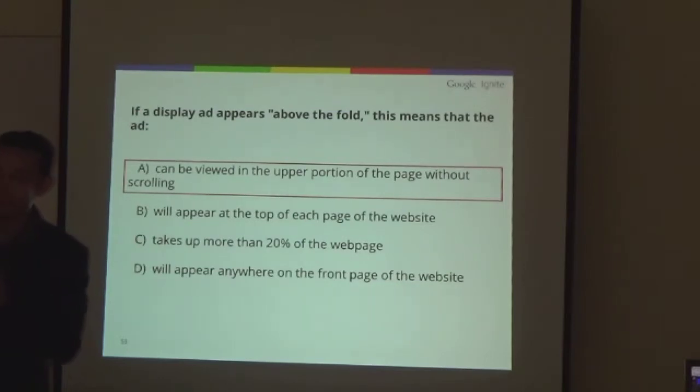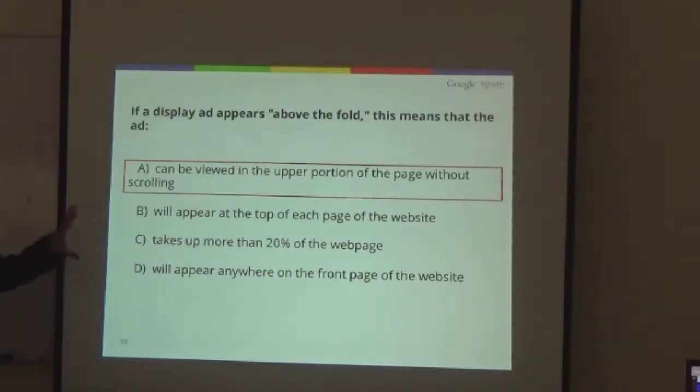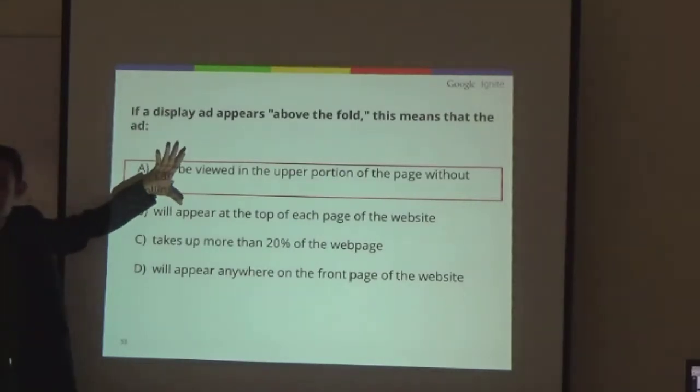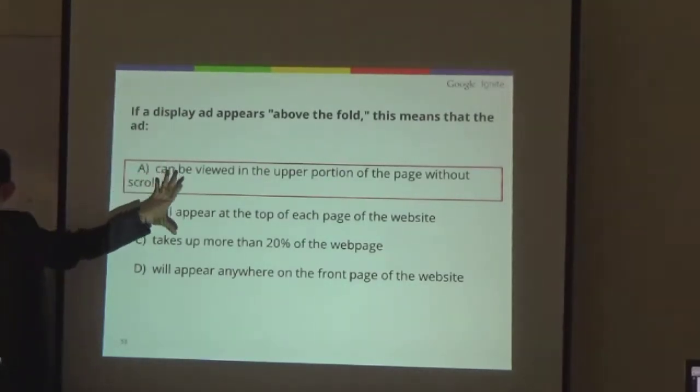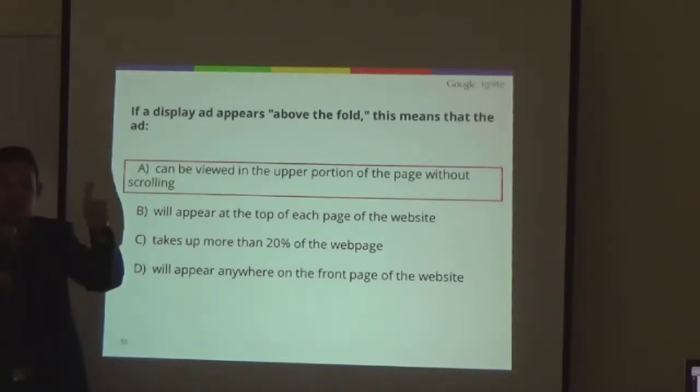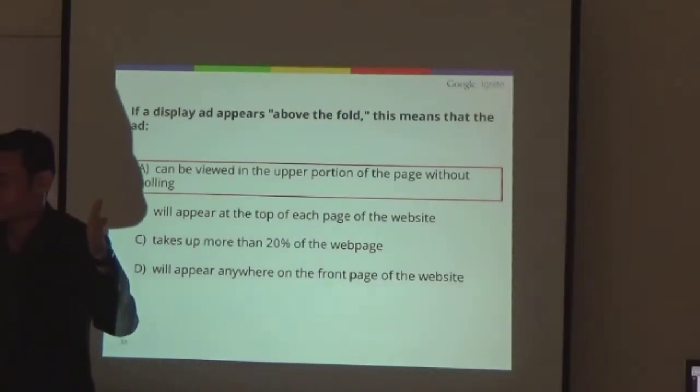Listen to me, I've been explaining about what is above the fold and below the fold. Above the fold is anything that is viewable, that can be seen without having to scroll on the website, typically in a standard screen resolution.